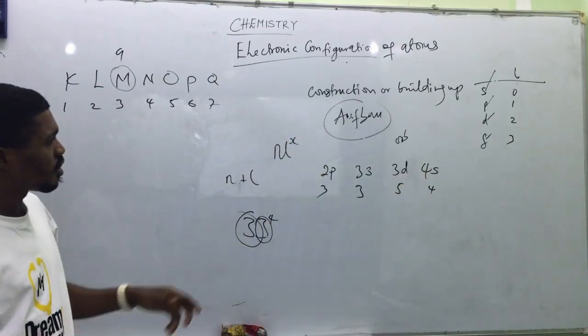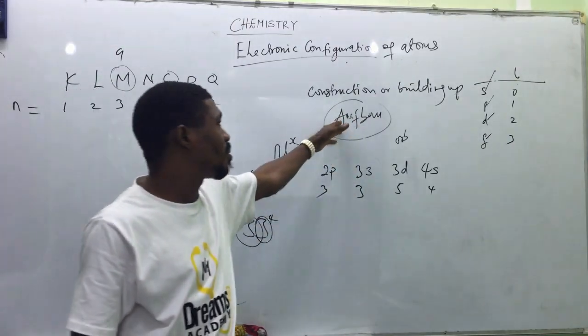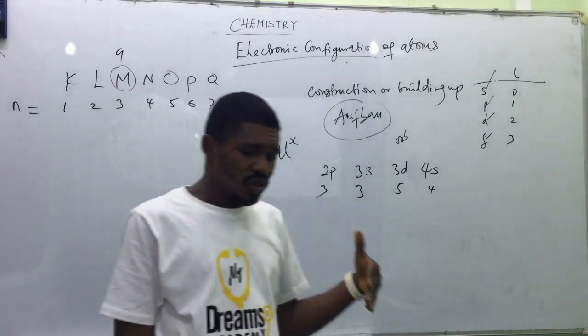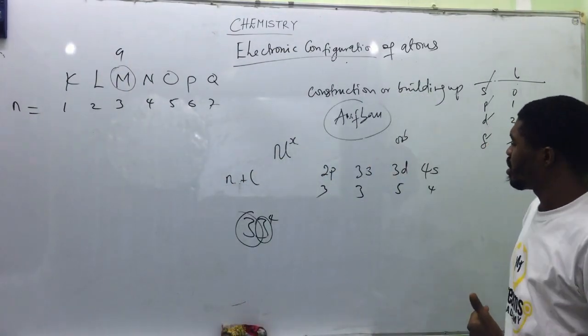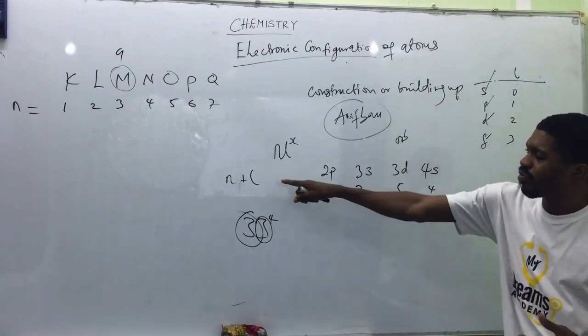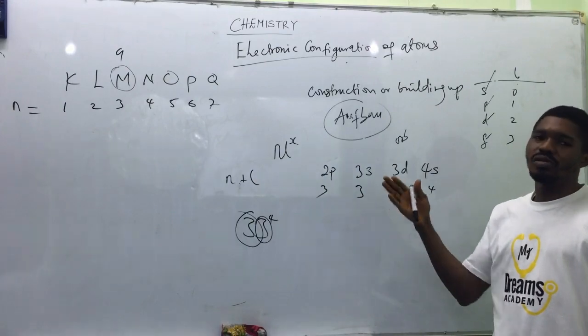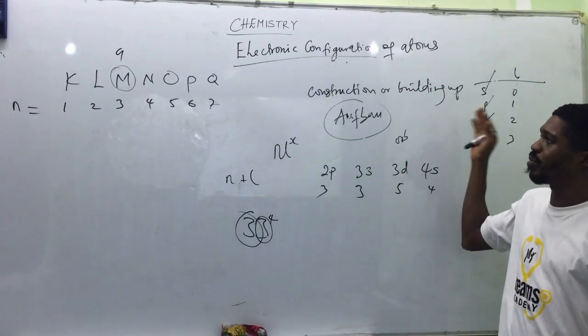So this rule is called the construction principle or Aufbau principle, Aufbau being a German word. It says that you have to arrange electrons into subshells using increasing order of N plus L. That is what is commonly known as the Aufbau principle, or construction, building up.